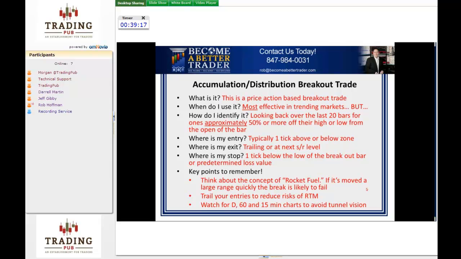The one thing I want you to remember here is trailing your stops to reduce the risk of reversion to the mean. Often these breakout trades will revert back down. For those of you that follow my nightly newsletters, I typically identify these types of areas of key breakouts and breakdowns, and I'll show you some really classic examples where it had a great move after it broke out of this area.